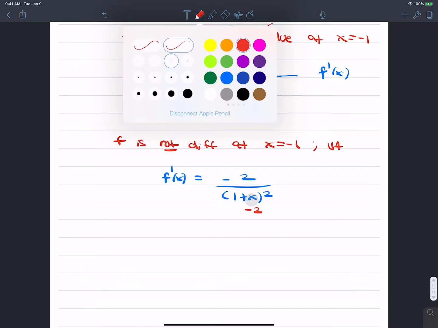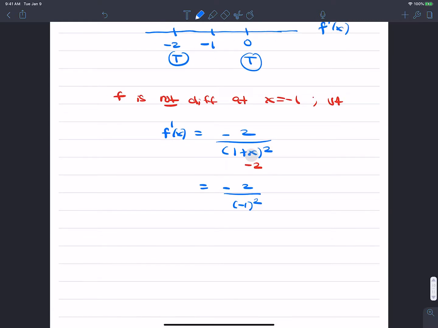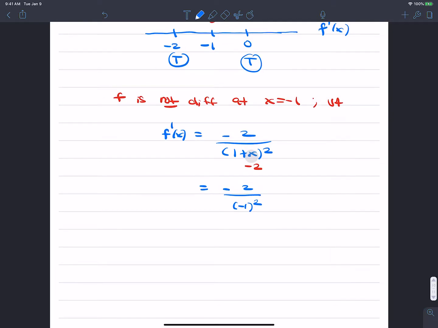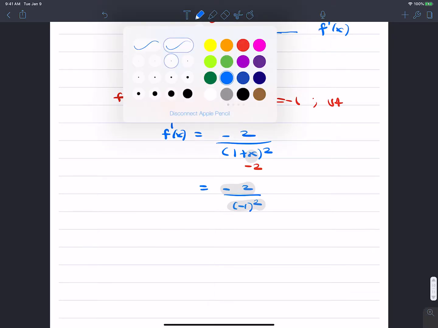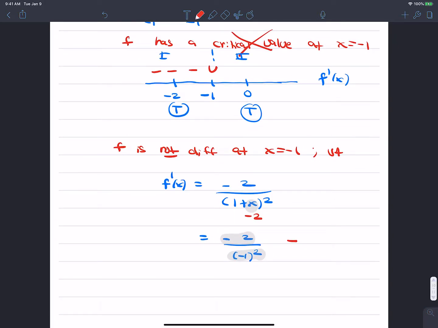Anybody know? Yeah, I get -2 over, it looks like I'm going to get what? -1 squared. Now, I really don't care about the answer. I don't care about the value. I only care about the sign. So even though I know -1 squared is +1, I just know it's positive. What I have here is a negative divided by a positive, and what does that give me? That gives me a what? Negative answer. So that means my region 1 here again is negative.